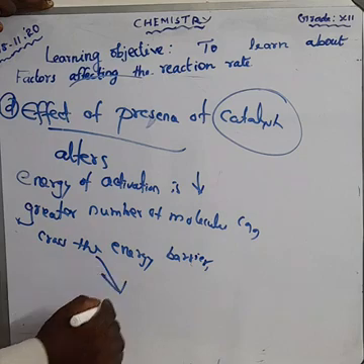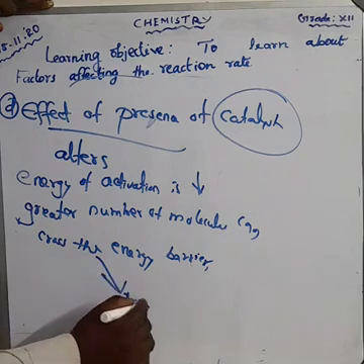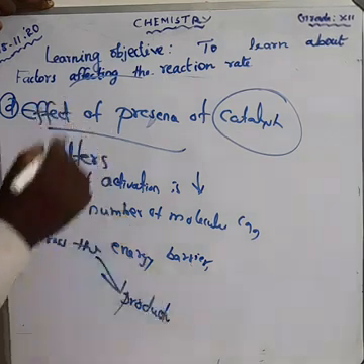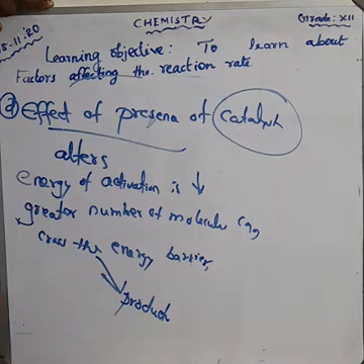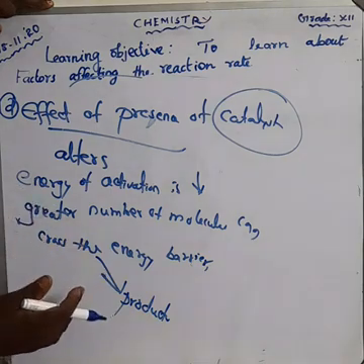Now this is converted to what? Product. By means of the catalyst, the rate of the reaction is now increased.